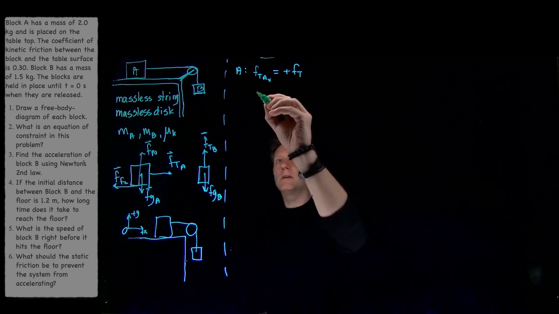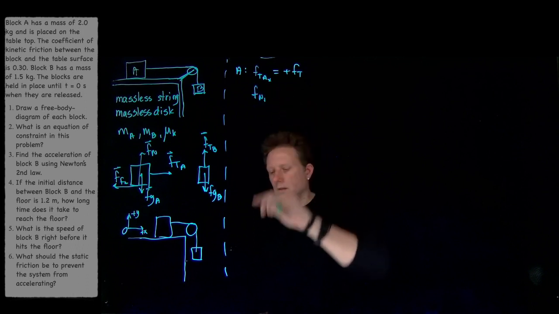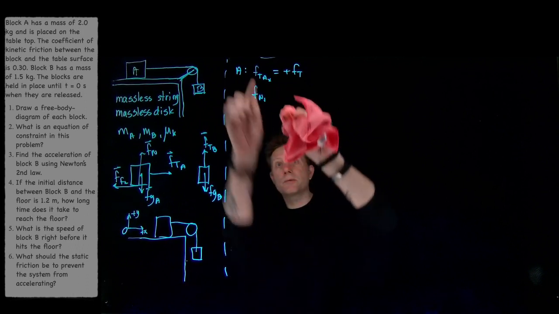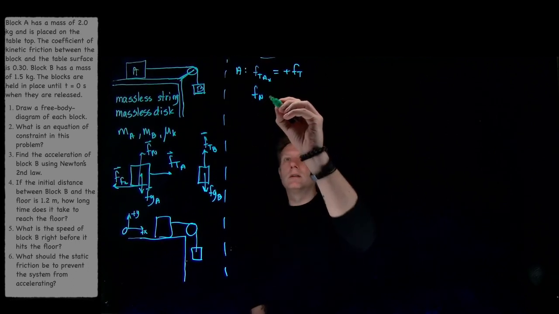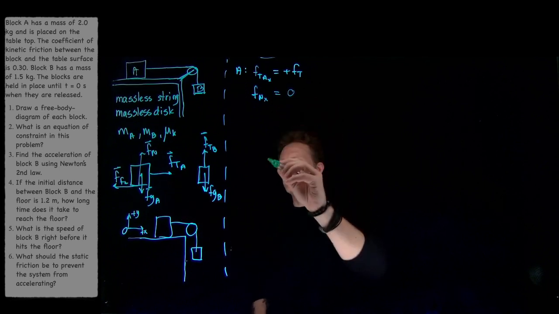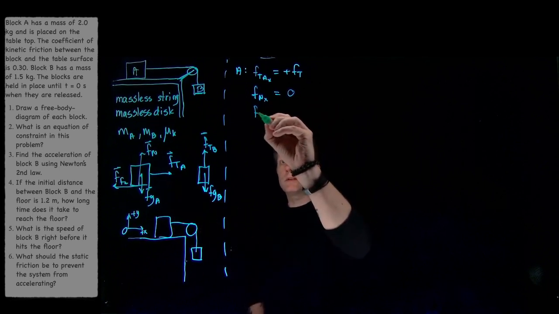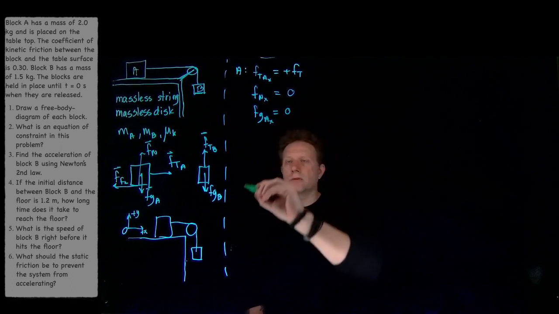We have the normal force. I don't have a subscript on that, so let's get rid of that. It does not have an X component, so that is 0. We have a force of gravity acting on A, which does not have an X component either, also 0.